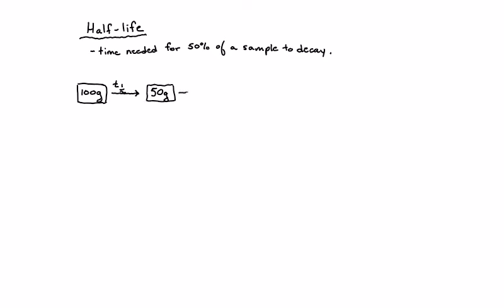If we let it sit around for another half-life, we'll be down to 25 grams. And if we let it sit for one more half-life, you'll be down to 12.5 grams. And this will just continue on until we get really close to zero, but it would take forever to really get to zero.